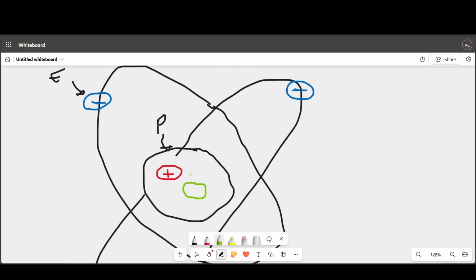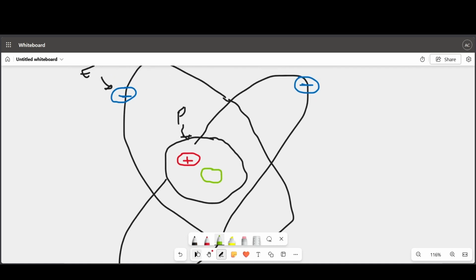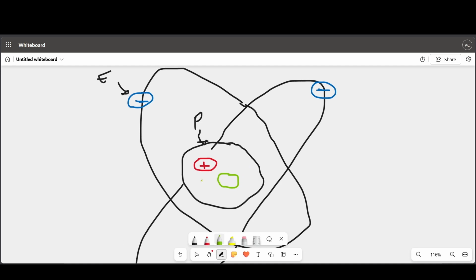And these protons and these neutrons that are inside the nucleus of the atom, basically they depict what kind of atom you're dealing with. So the quantitative measurement of these particles basically depicts what kind of atom you're going to have.